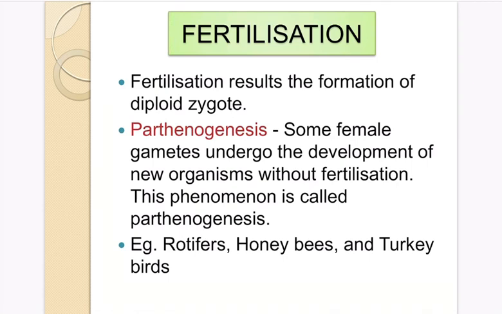Basically, we said reproduction has great significance as it helps to maintain identity of the species. It also helps to increase the number of populations of the species. And basically, this reproduction can take place through two methods. One is the asexual method, second one is the sexual method.